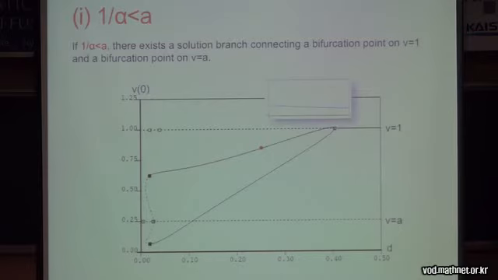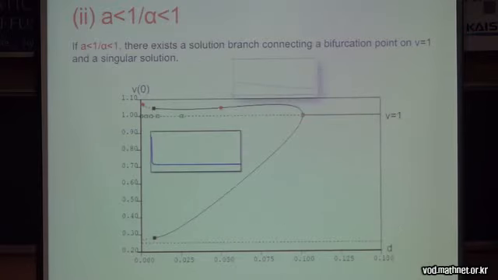Second case is the following. 1 over alpha is between A and 1. If alpha is moderate case, we have the following result. There exists a solution branch connecting a bifurcation point on V is equal to 1 and a singular solution. This is a numerical result. The stability is the following.